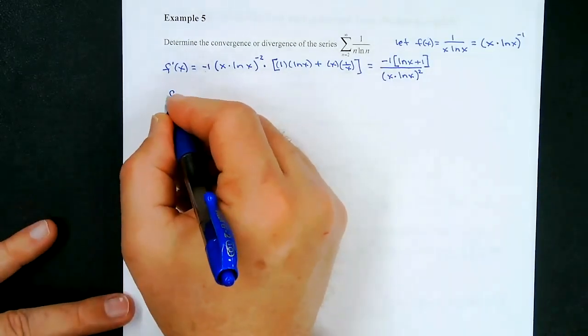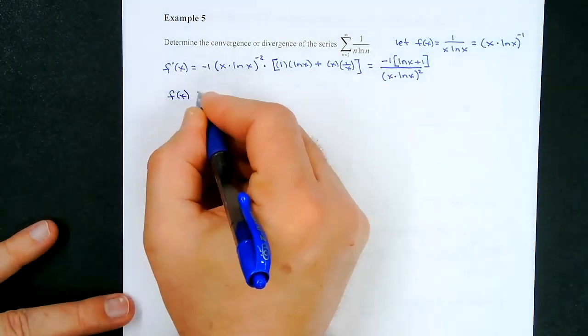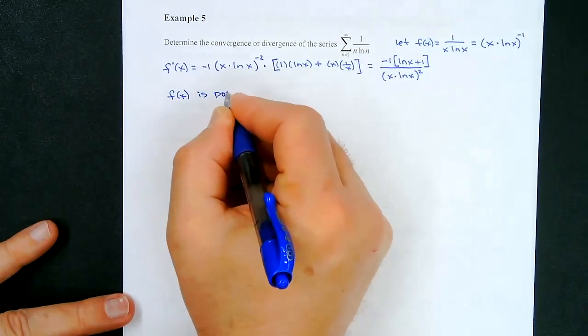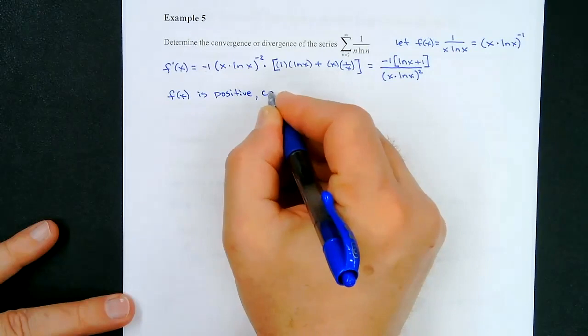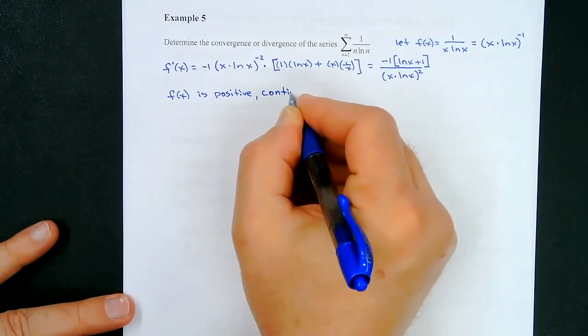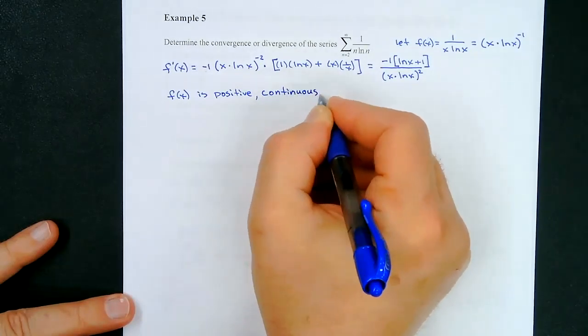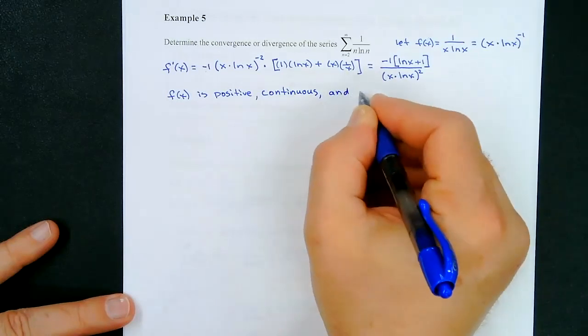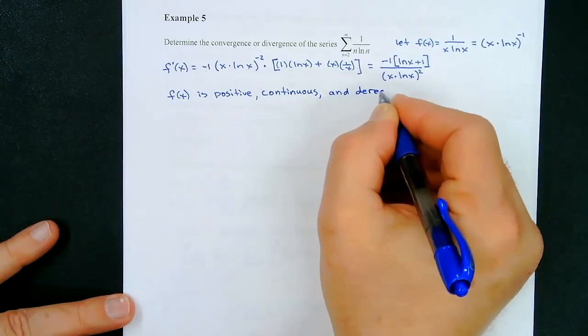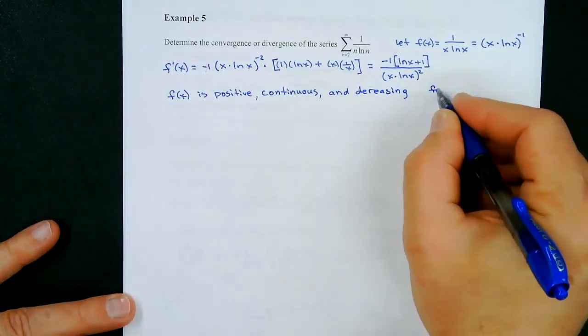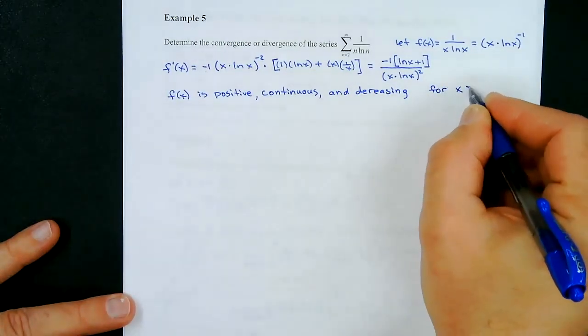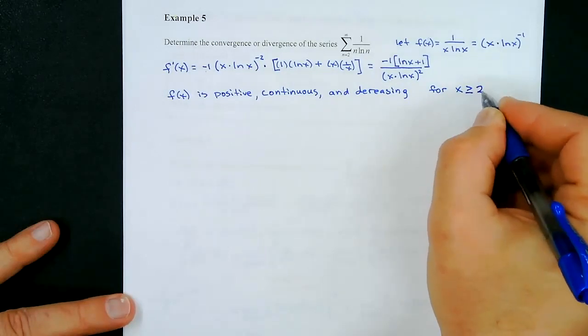So we can say f of x is positive, continuous, and decreasing for x greater than or equal to 2.